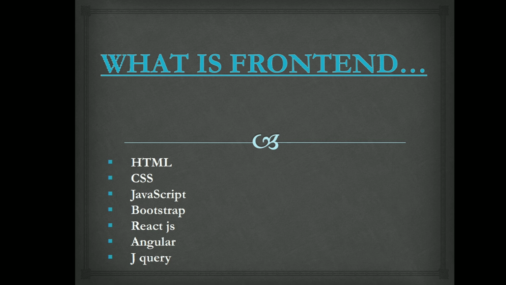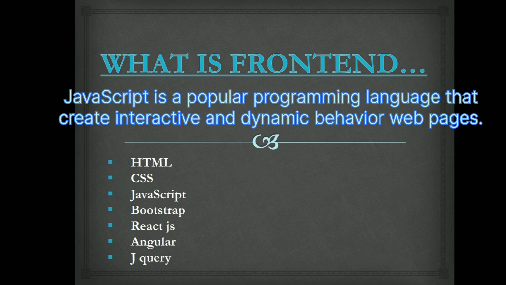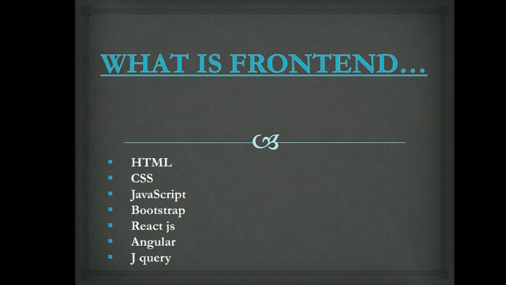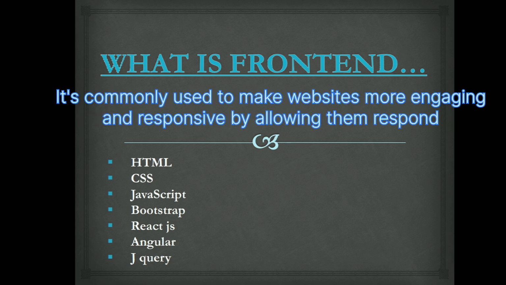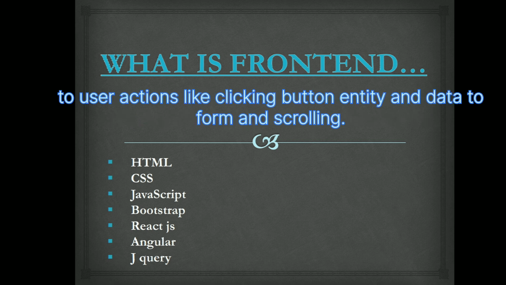And the third one is JavaScript. JavaScript is a programming language that adds interactive and dynamic behavior to web pages. It's commonly used to make websites more engaging and responsive by allowing them to respond to user actions like clicking buttons, entering data into forms and scrolling.